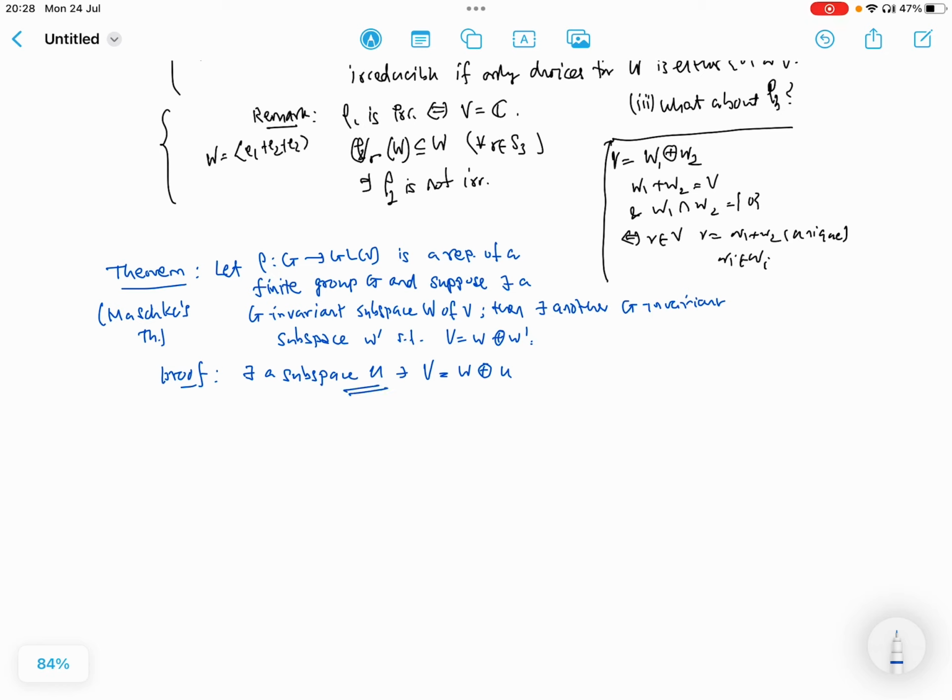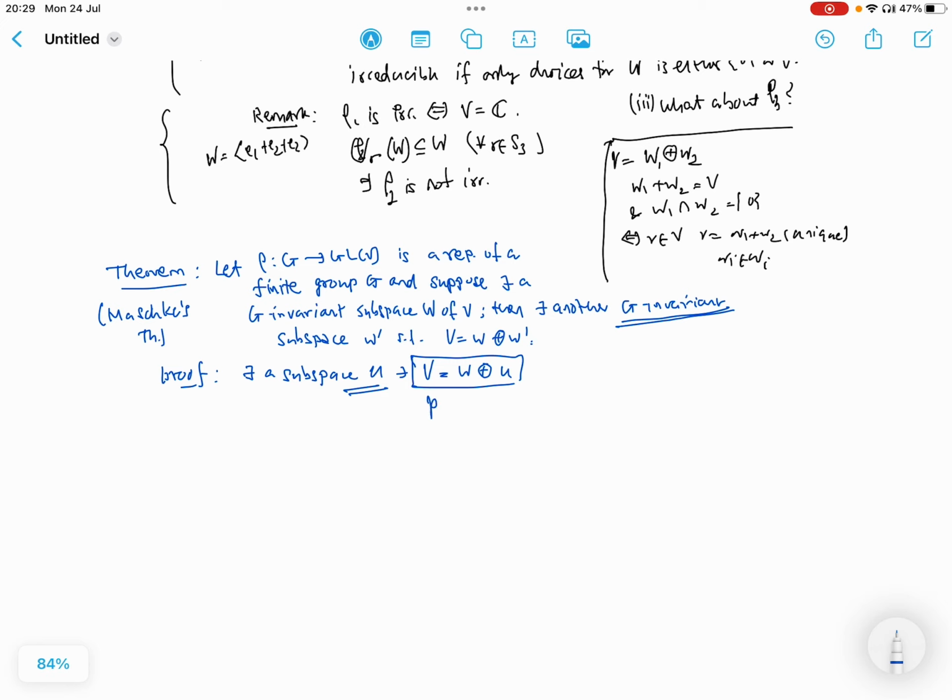But moreover, you need to take care of the G invariance. That is the most important thing. Right? So now you have this direct sum decomposition. So naturally, when you have a direct sum decomposition in linear algebra, what comes for free? Projection maps, right?